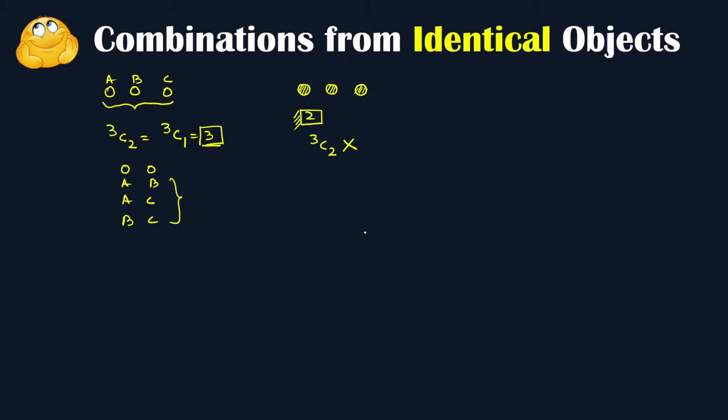Why? The first thing is that we cannot use the formula nCr here. Because when I defined nCr, I told you that out of n distinct objects, you are selecting r objects. Out of n different objects, you are selecting r objects. Distinct objects. Now here, all these 3 chocolates are identical.